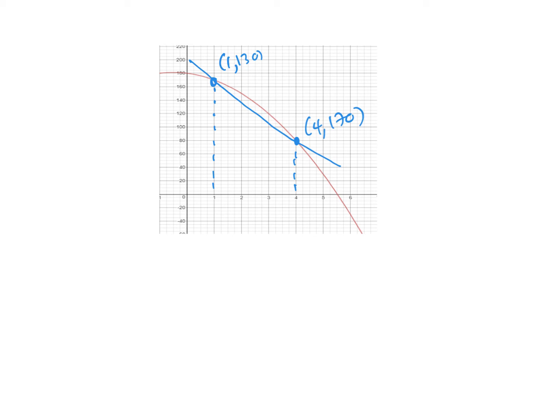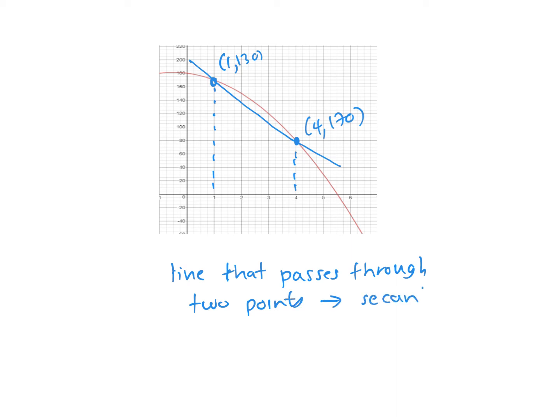The line that connects 2 points is also called a secant line. So we refer to this as a secant line. So when I'm finding the average rate of change, I'm also finding the slope of the secant line.